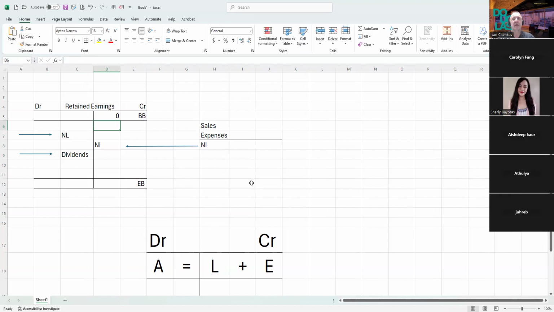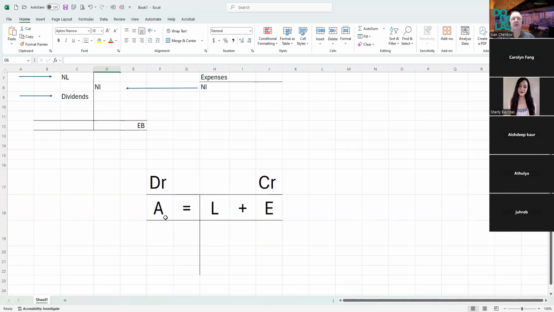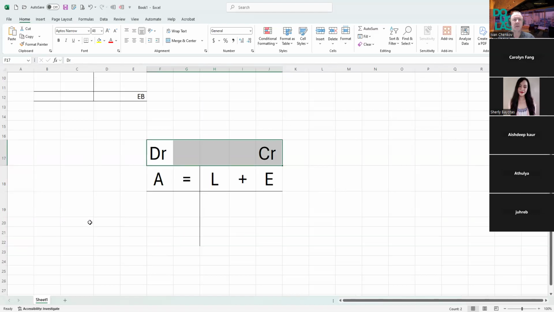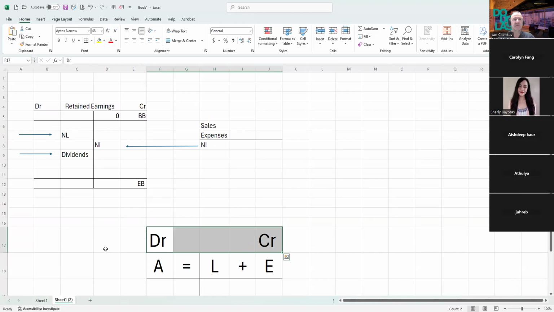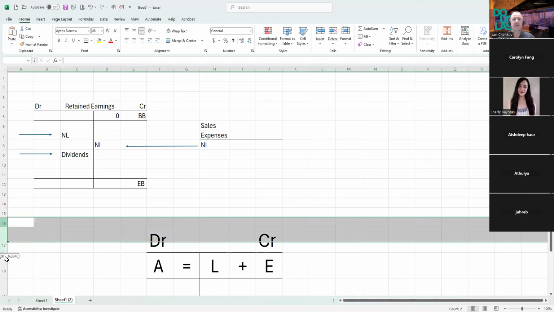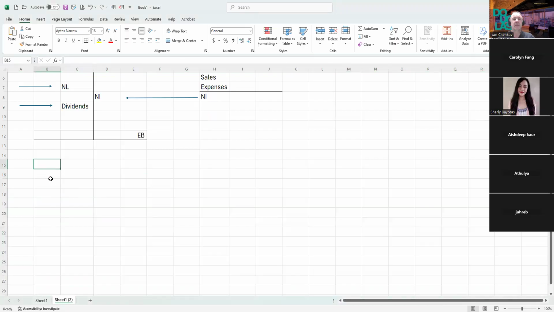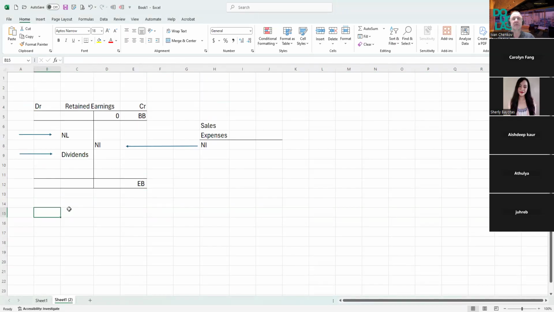Now let's see. First, we have to deal with cash dividend, correct? That was the first thing. For the cash dividend, let's move to the next one, and I'm going to erase this. In order to declare a dividend, we said we need to have net income or retained earnings, and we need to have cash for the cash dividend.